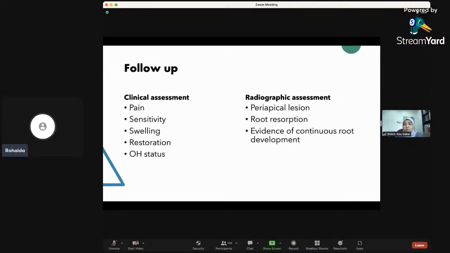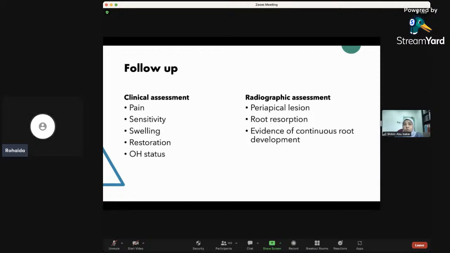That's why whenever we do a final restoration, if I need a full coverage, a stainless steel crown might be an option, but sometimes we don't have that. But don't put GIC. Please do something like composite resin that gives a better prognosis.